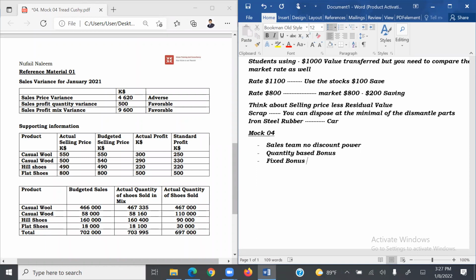Considering these three, can you just observe these, students? I'll give you 3 minutes time. You need to write it down. You need to make some notes. Please take your own time.